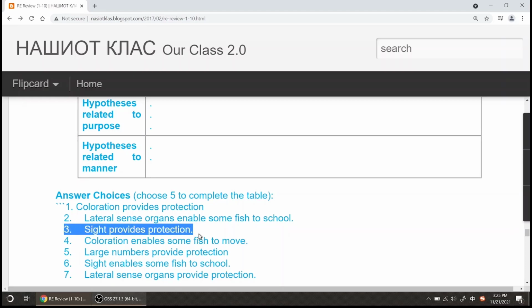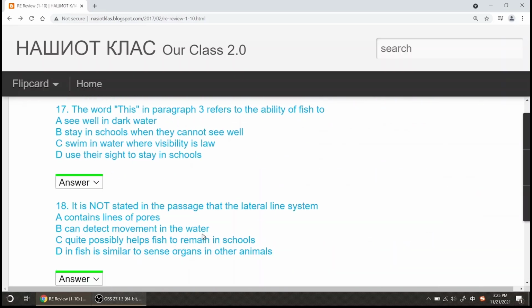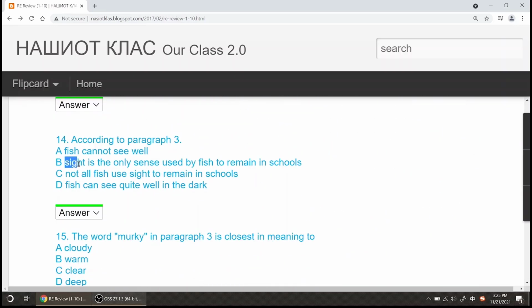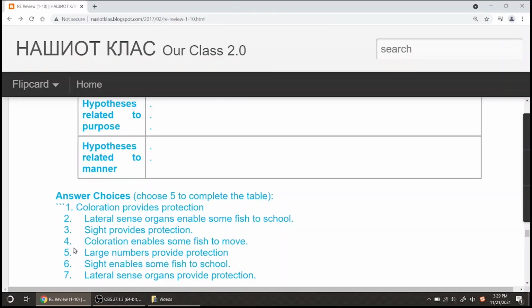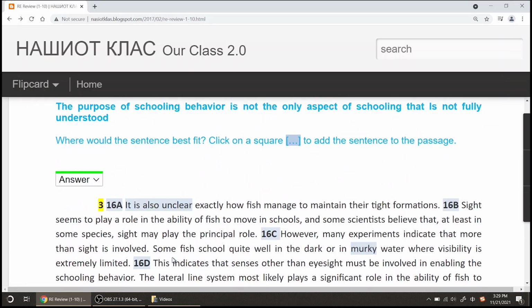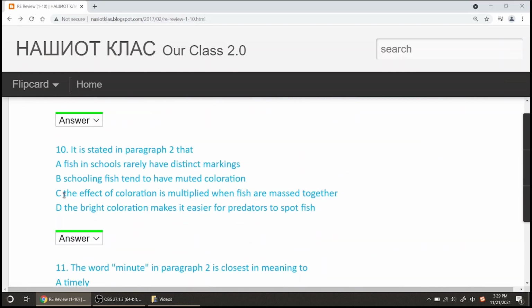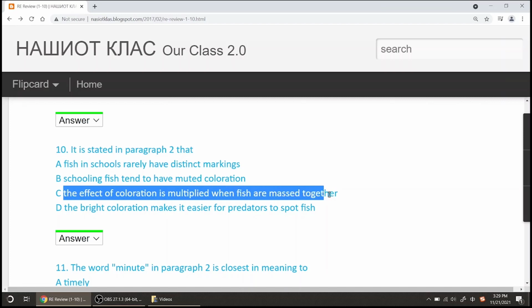Number 3, sight provides protection. Question 14 is about sight. So I know not all fish use sight to remain in schools. But sight is not a protection. So number 3 is wrong. Number 4, coloration enables fish to move. Question 10 is about color, but it says coloration is multiplied when fish are together. It doesn't mention coloration could let fish move.